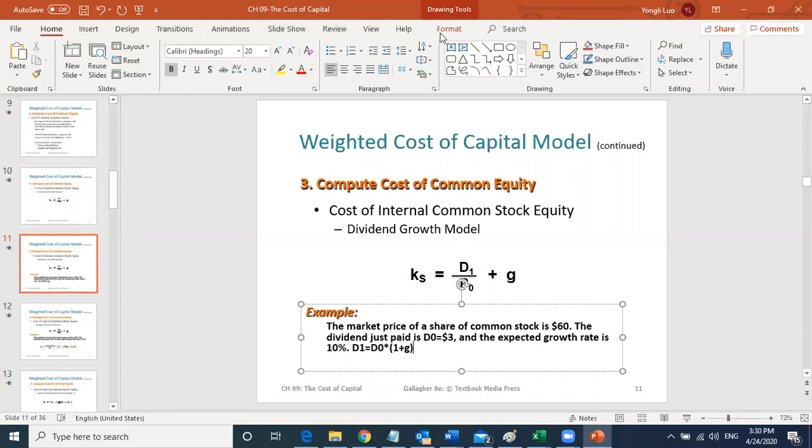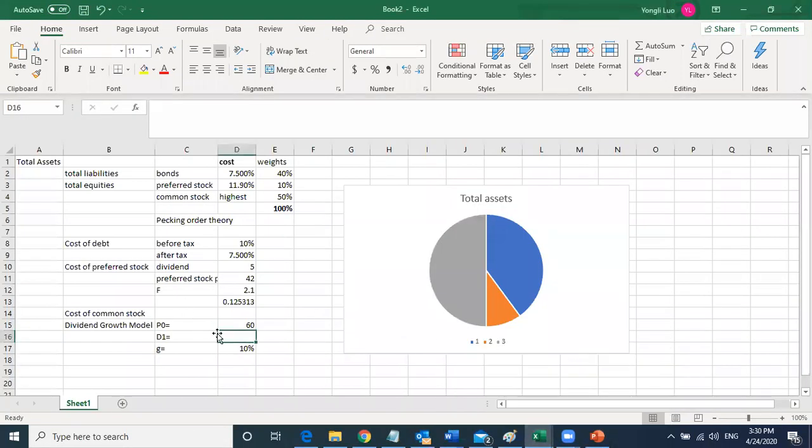So we have D1. D1 is equal to D0, which is $3, times 1 plus G%, 10%. So we get D1.